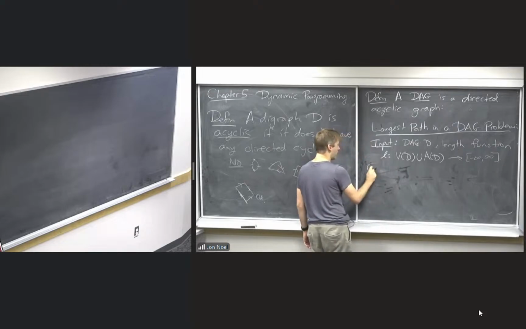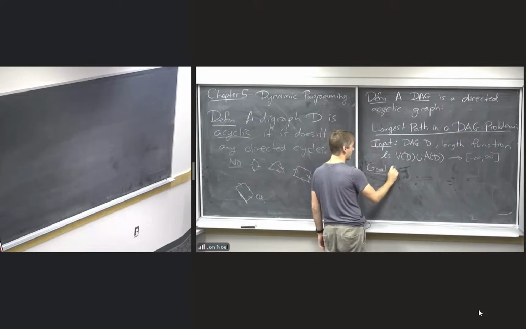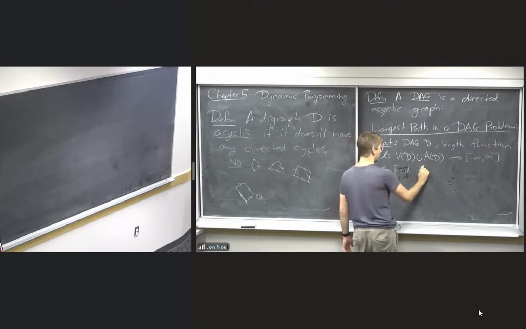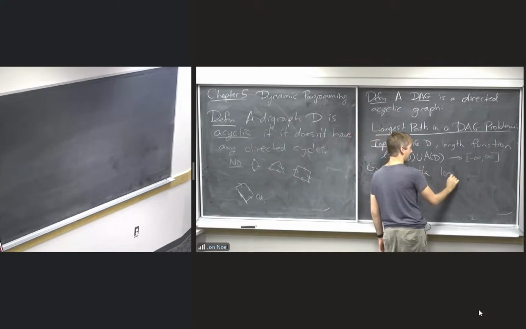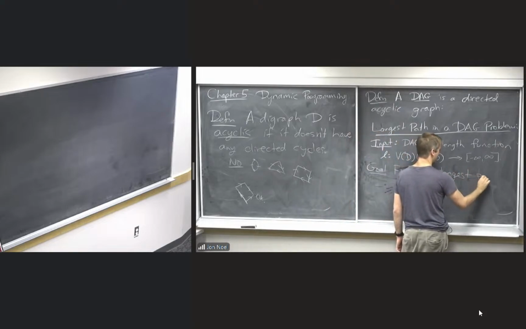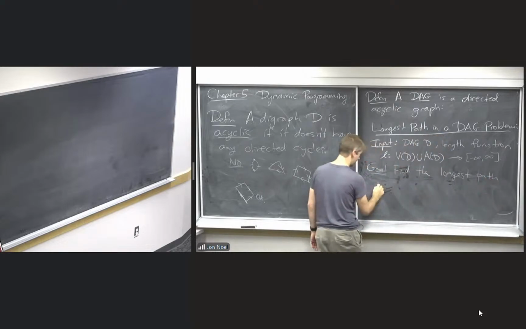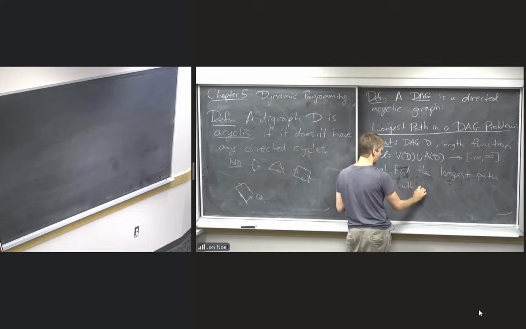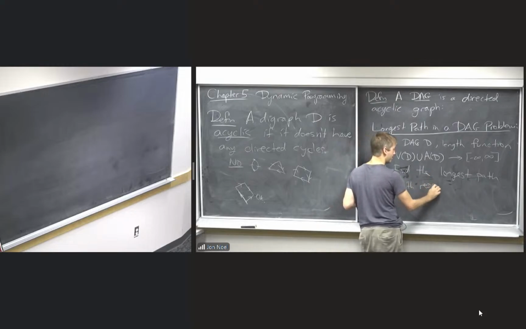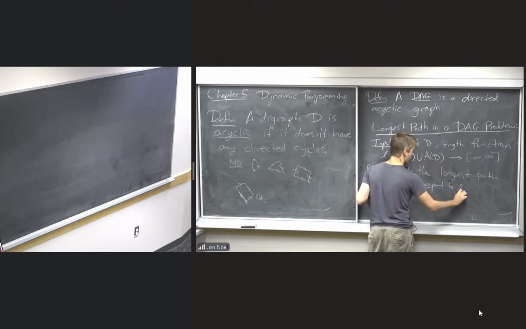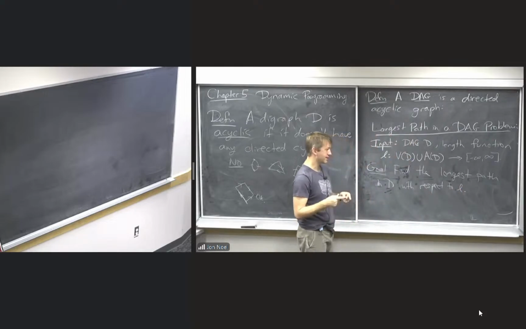And then our goal is to find the longest path in D with respect to this length function, where the length of a path is the sum of the lengths of the arcs and the vertices in the path.